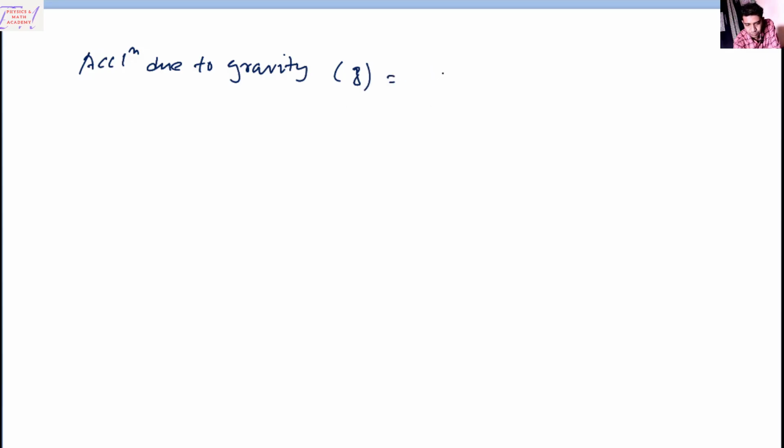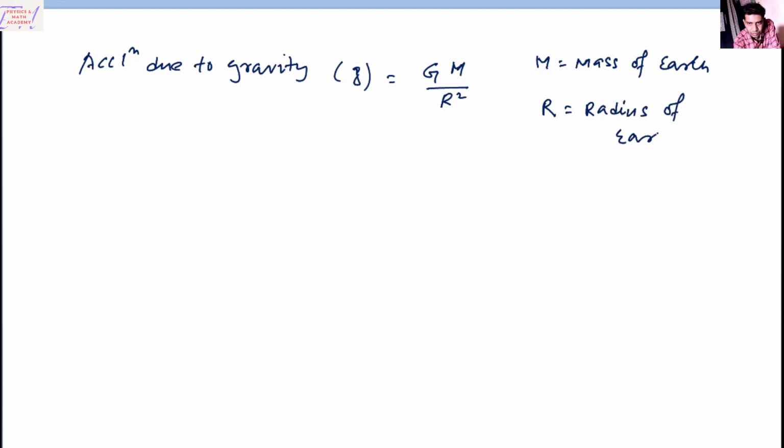This is equal to GM upon R square, where capital M is the mass of Earth, capital R is the radius of Earth, and G is the universal gravitational constant. It has a fixed value, 6.67 into 10 to the power minus 11 Newton meter square per kg square.